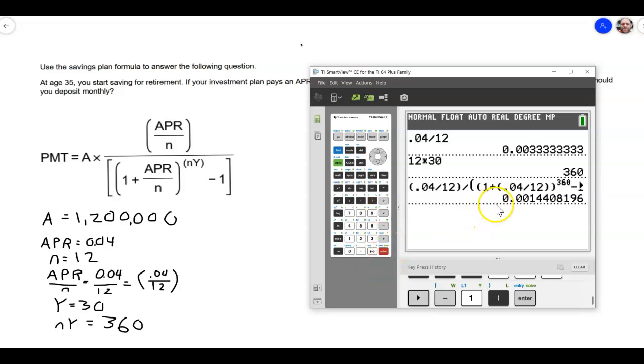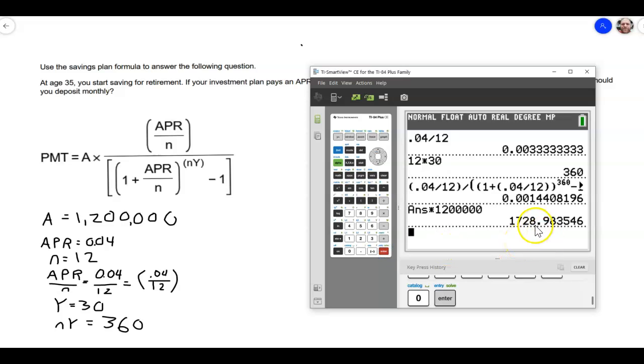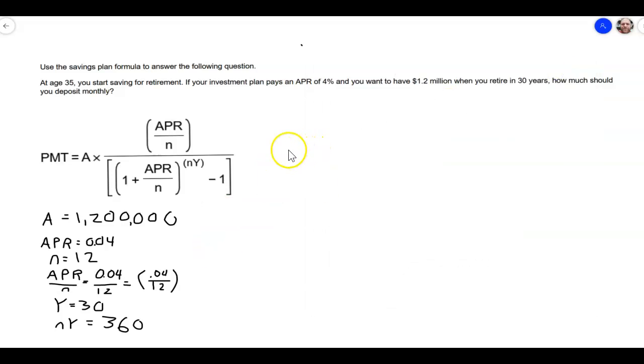Enter. We get this value, and then we multiply that by our accumulated value, times 1.2 million, that's 1, 2, 0, 0, and then 3 more zeros, and we get 1728.98. So our answer is 1728.98. Let me just check this one. And that's it. If you have any questions, just let me know.